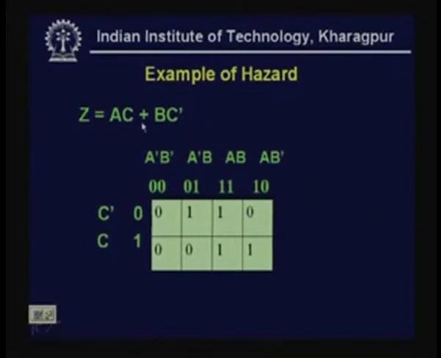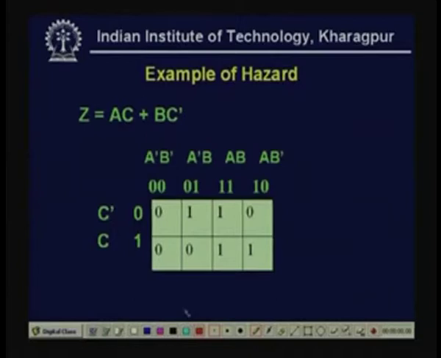Say Z equal to AC plus BC bar. This is a 3 variable expression. Now if we draw the Karnaugh map for this expression Z, then how do we see?